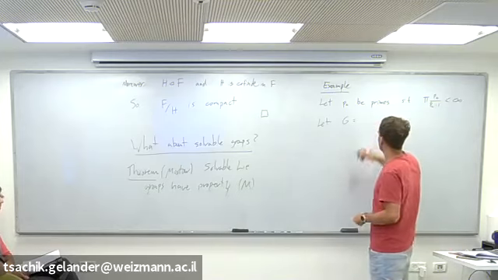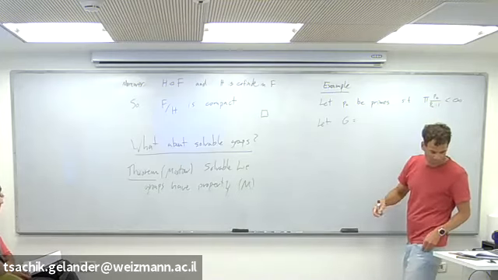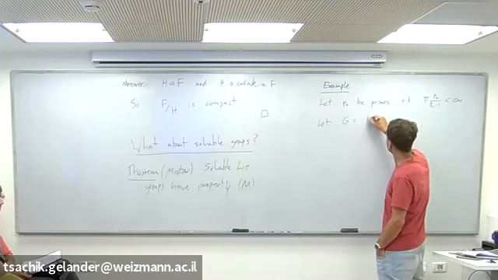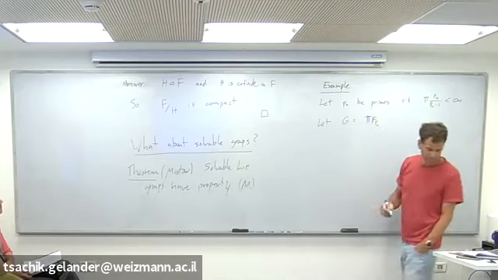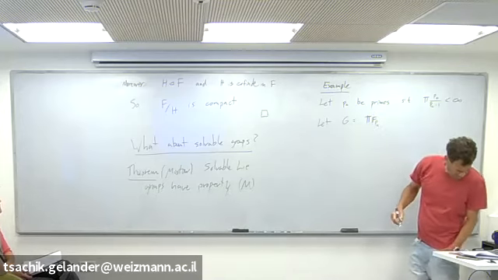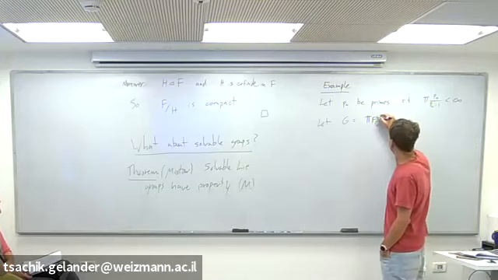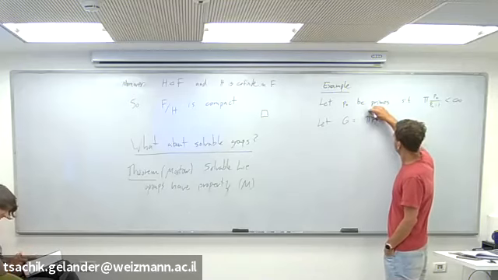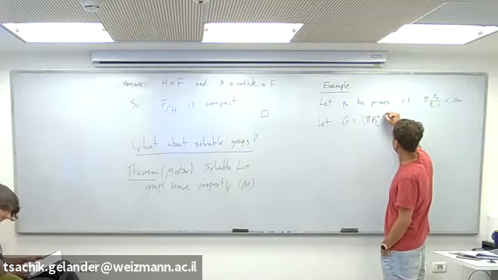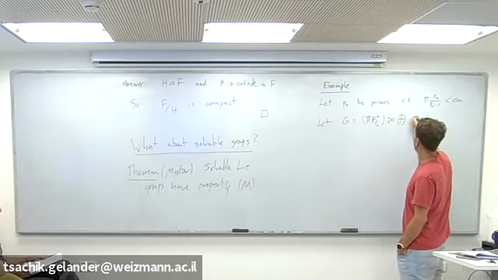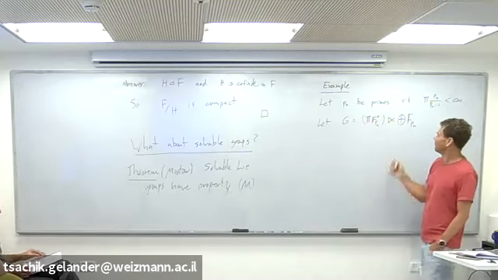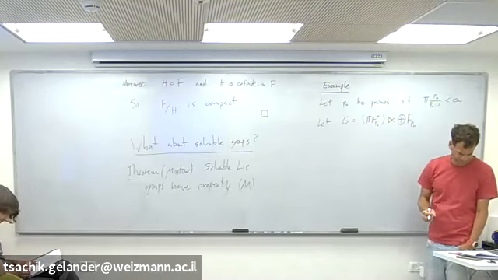So I take some compact group. And I look at the field of p_n elements, and I look at the multiplicative group, and I multiply all of them, and take the semi-direct product with the direct sum of this, which is a discrete group.